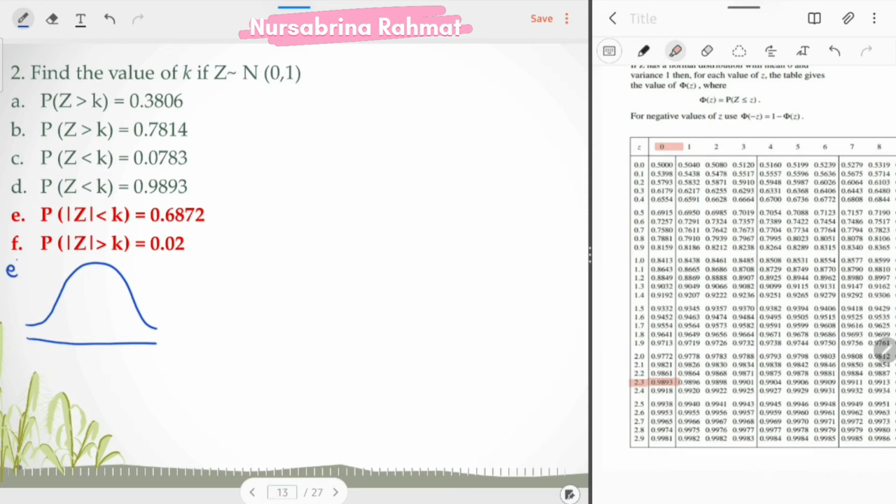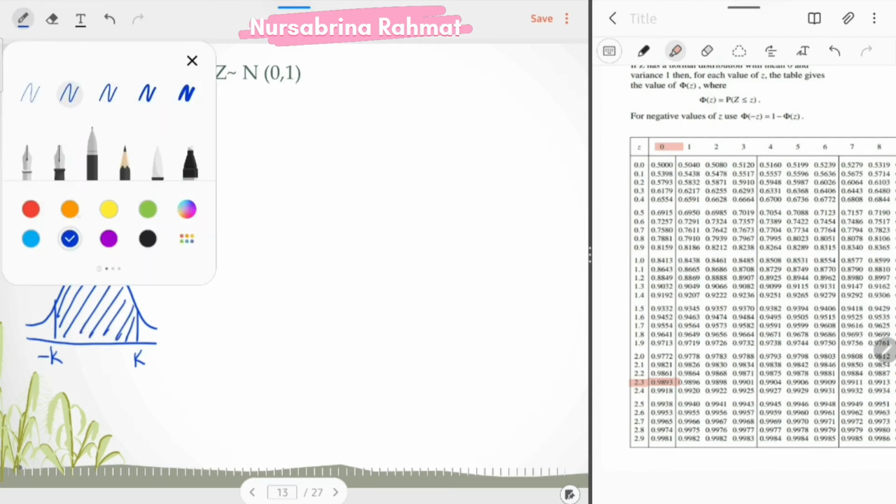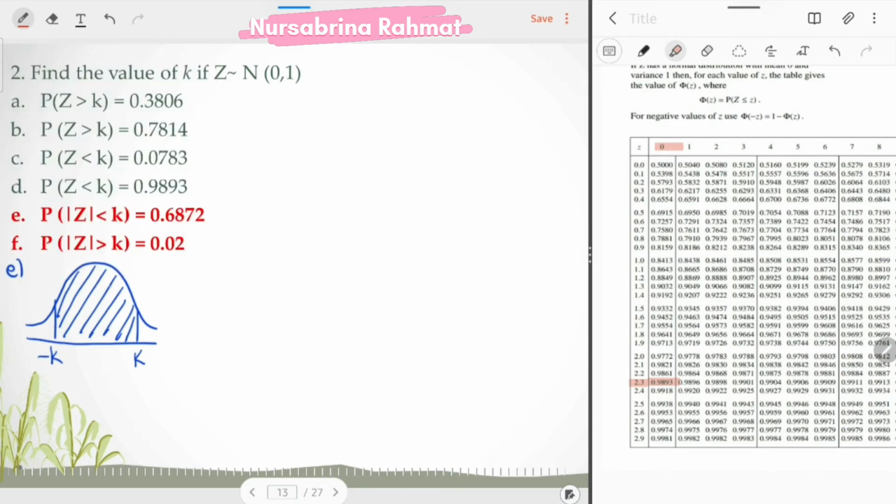Okay, for question E, when P(|z| < k), that means it's between negative k and k. Like in my first video, we can't get exactly what this area is, but we can find it by the total area, which is 1, minus the small areas A and B. The small area A is P(z > k), and the area B is P(z < negative k), where P(z < negative k) is equal to P(z > k).